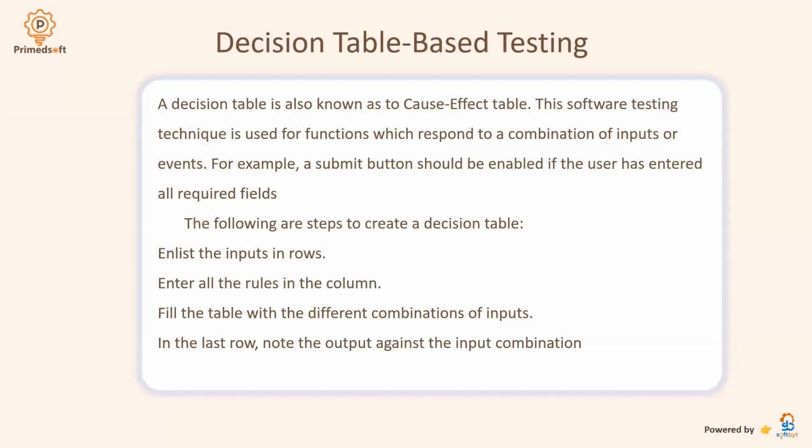right? Decision table. The decision table is one that we obviously use to fill some forms. Let's say you are filling a visa application, so whatever you've entered affects what other options you will get.